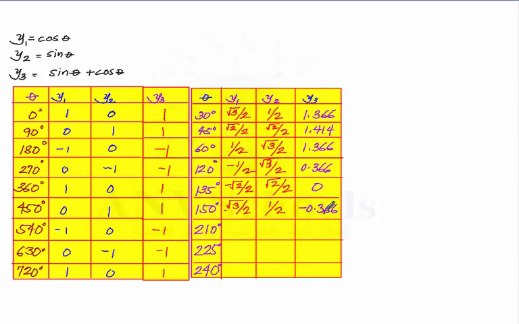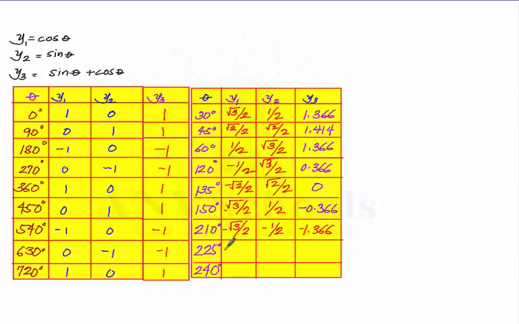Okay, so 210, that would be in the third quadrant. So the reference angle is 30 degrees. Both here are negative. So we will have negative 1.366. In the third quadrant again, that's 225.